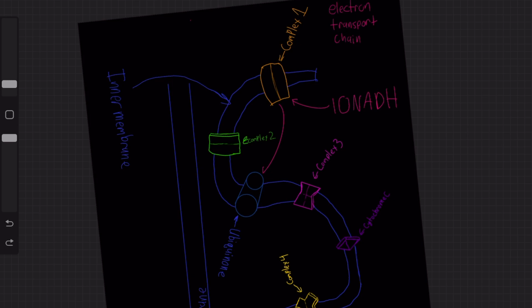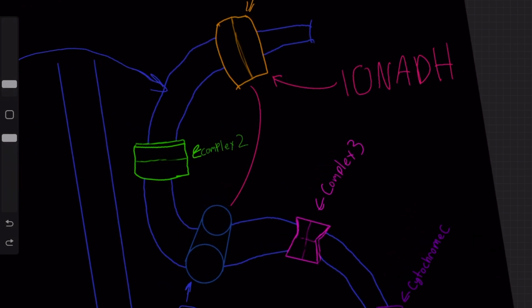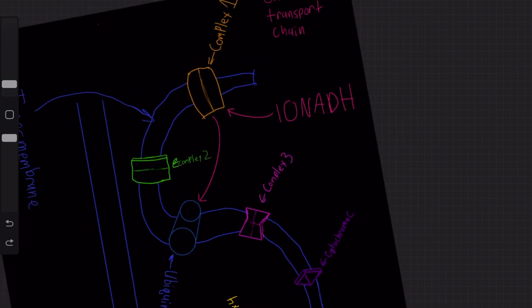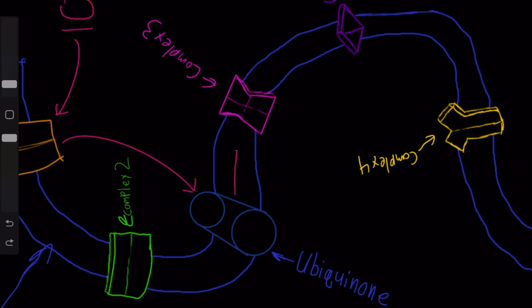It will not go to complex 2. Remember, from NADH, it goes to complex 1. Then the ubiquinone will go. The electrons actually don't go in this particular space. The ubiquinone will travel over to complex 1, pick up the electrons, and then drop them off at complex 3.